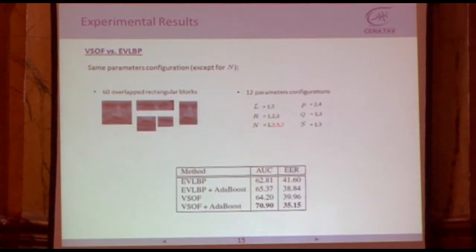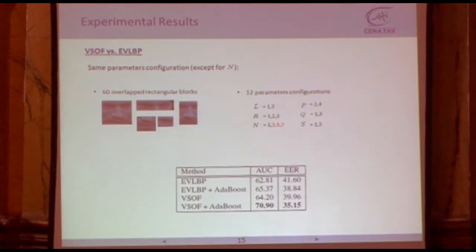So first we compare our proposal with the extended volume LBP features. Since the configuration for LBP features was not released, we have used the same configuration for our descriptor as for extended volume LBP features.